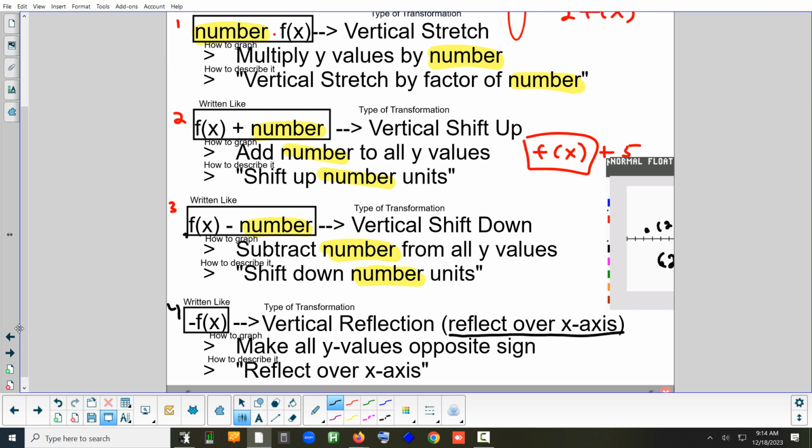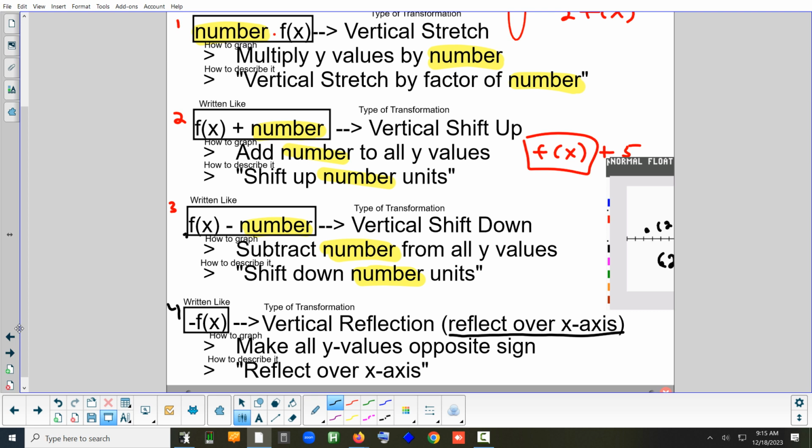How would you describe that? Reflection over x-axis. Yeah, exactly.